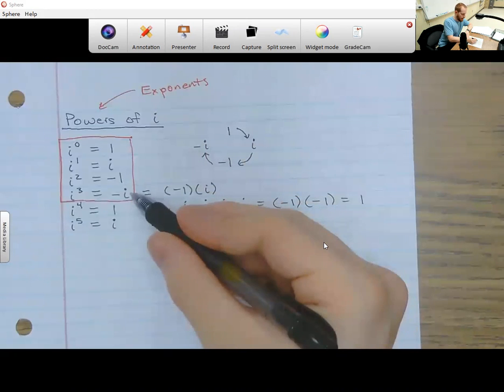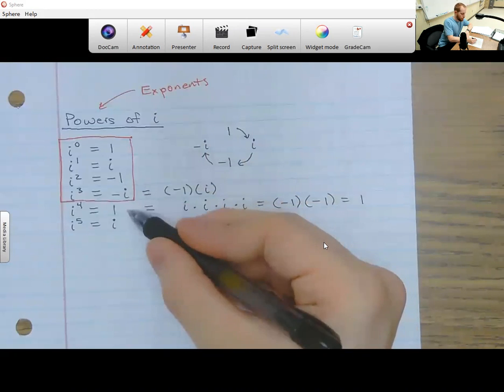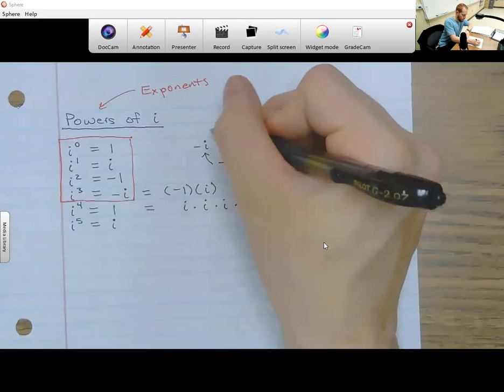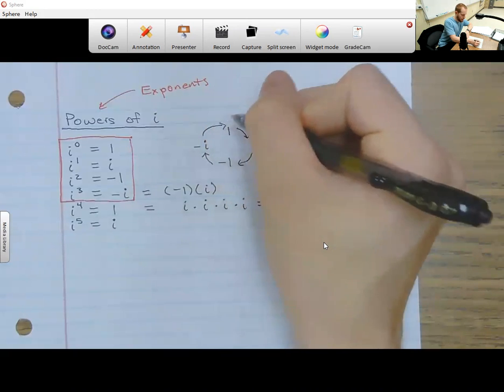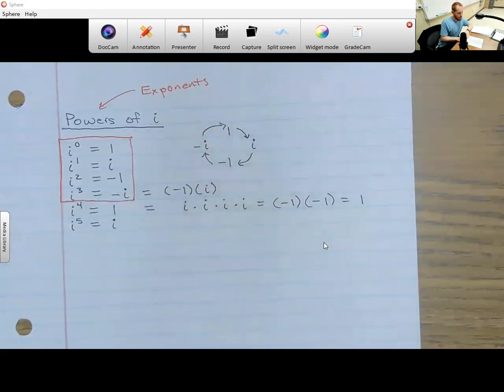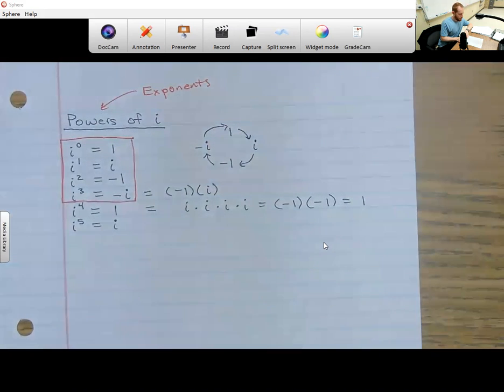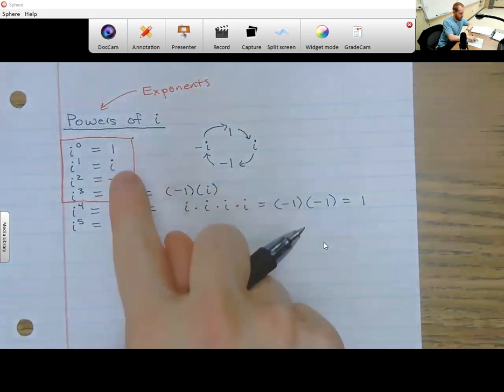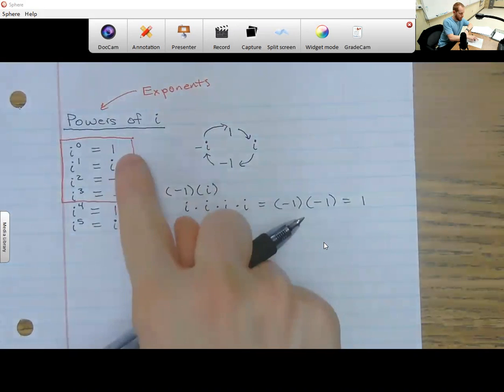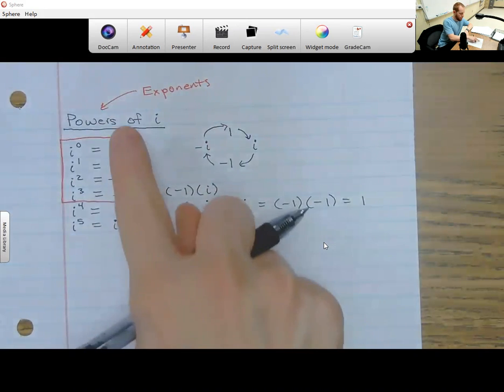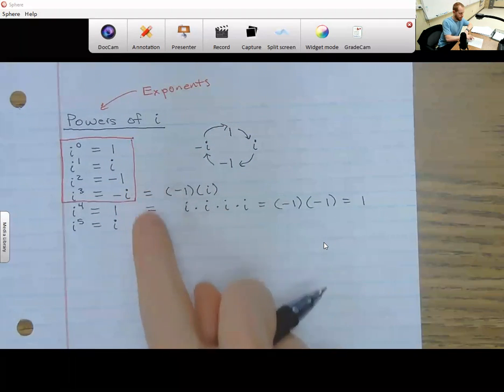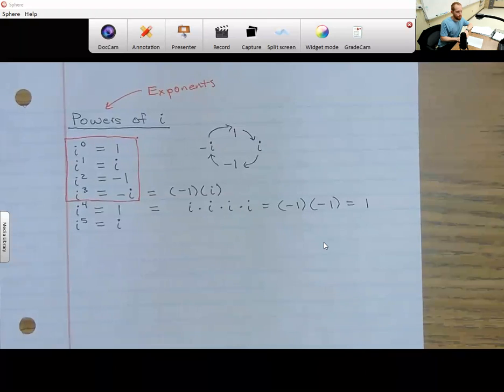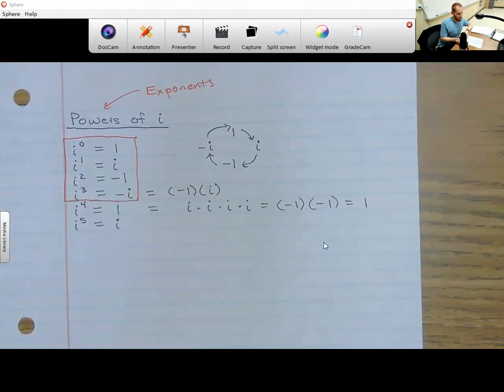And then -i goes all the way back to 1 again. And that's the way the pattern is going to go. It's always going to go 1, i, -1, -i, 1, i, -1, -i, 1, i, -1, -i. It's like a 4 repeating pattern that we have here.